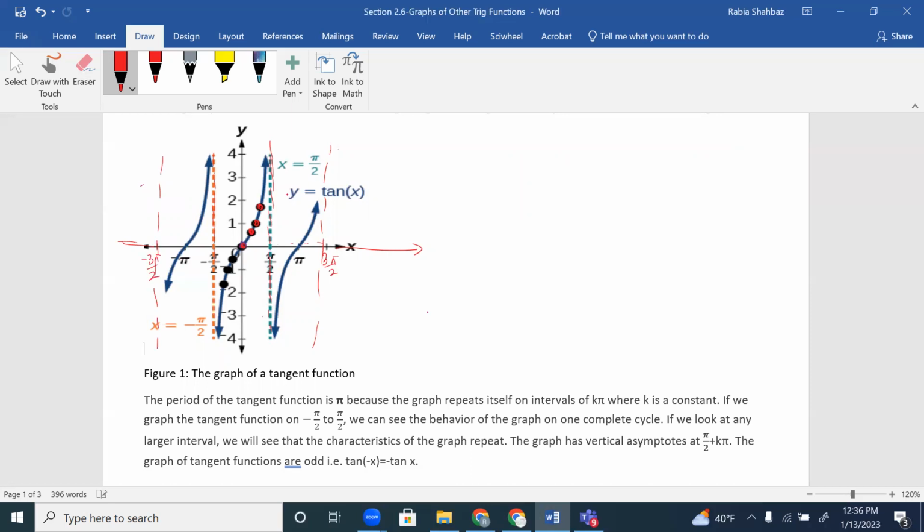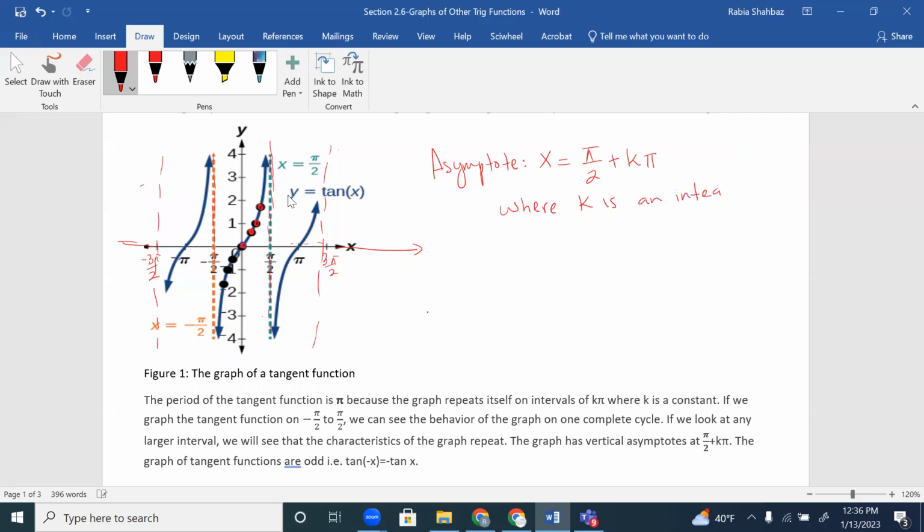So when we write an equation, we are not able to list all of these vertical asymptotes, but when we write an equation for vertical asymptotes, we just say x equals pi over 2 plus k times pi, where k is an integer.